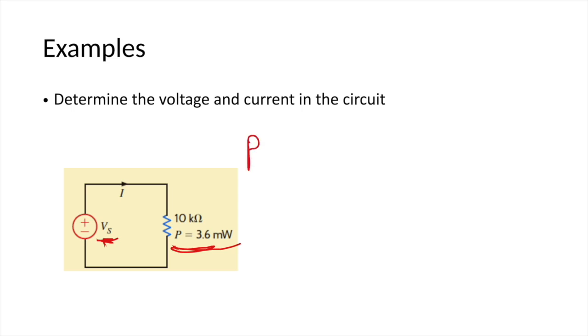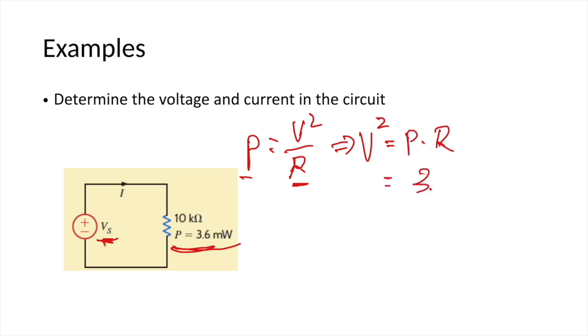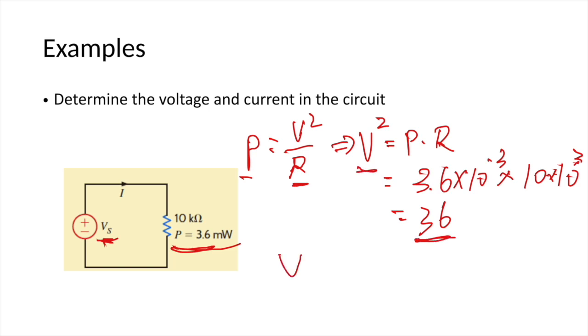We know P equals V squared over R, so V squared equals P times R. The resistor is 10K, so V squared equals 36, and V equals 6 volts, the square root of 36.